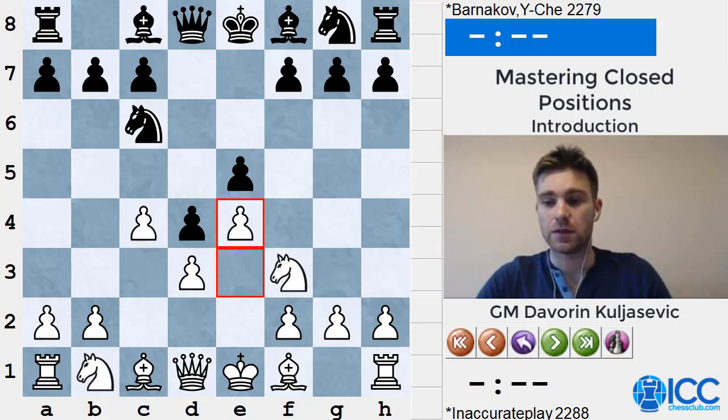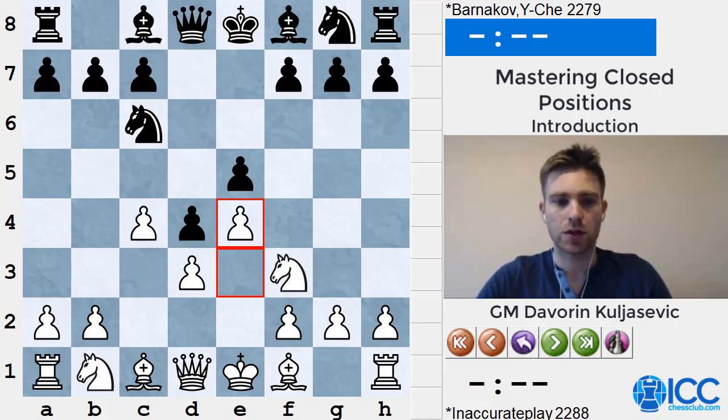So definitely it's important to keep in mind that we need a different type of mindset in closed positions compared to other types of positions. Now, just to make a quick definition before I give you a quick overview of these ideas and strategies, a definition of what I consider closed positions for the purposes of this course.